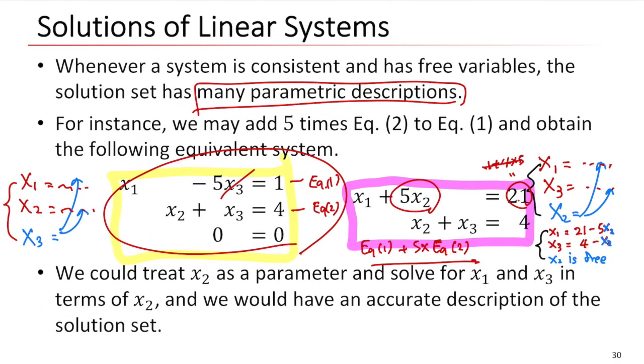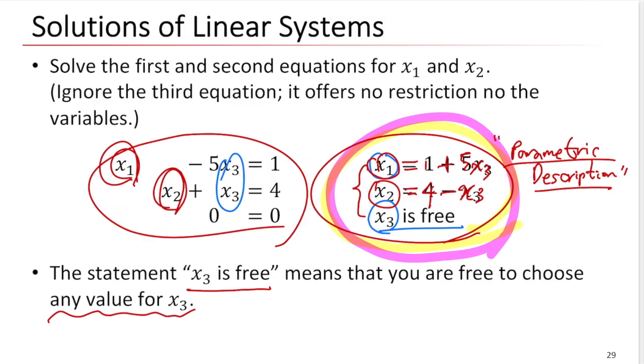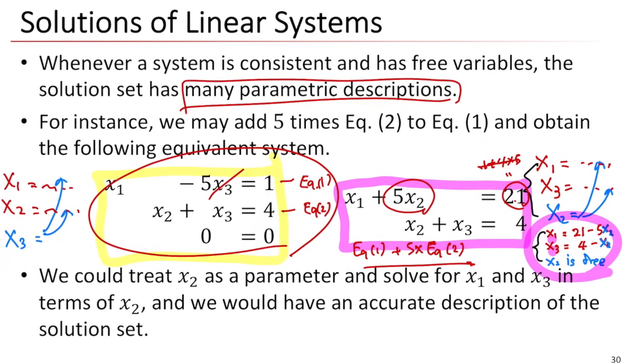So comparing to this parametric description, in this parametric description, we can represent x1 and x3 in terms of x2, right? So this will be another parametric description of the solution set, and there will be another possibility, right?